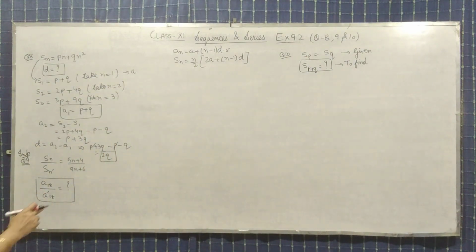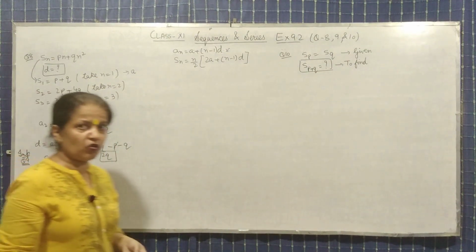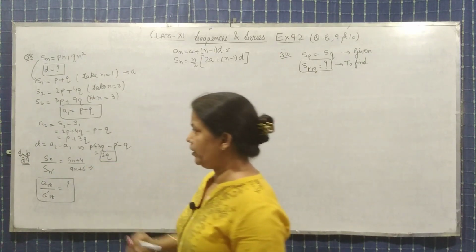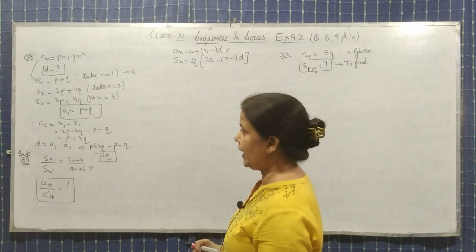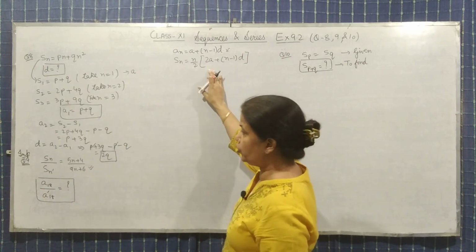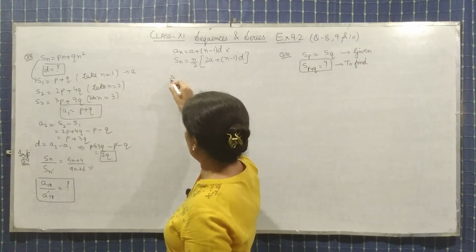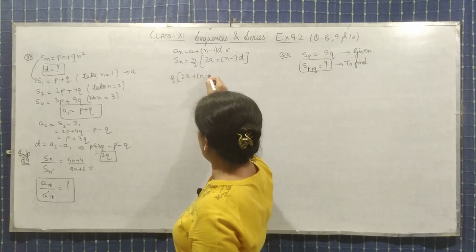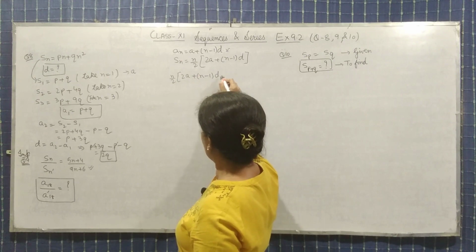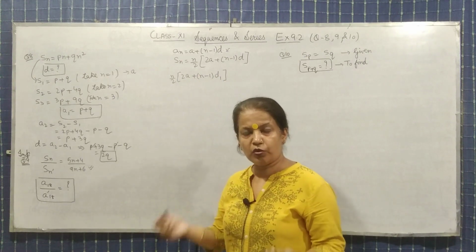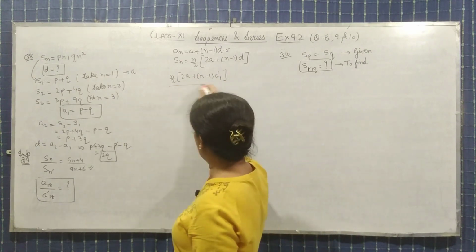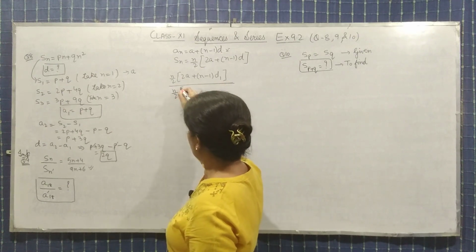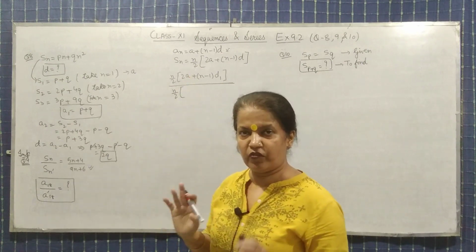Let's go for the question. In this question, this part is given. So we will use the formula Sn = n/2 [2a + (n − 1)d1], because two different APs are given, and n/2 [2a' + (n − 1)d2], since the first term will be different.